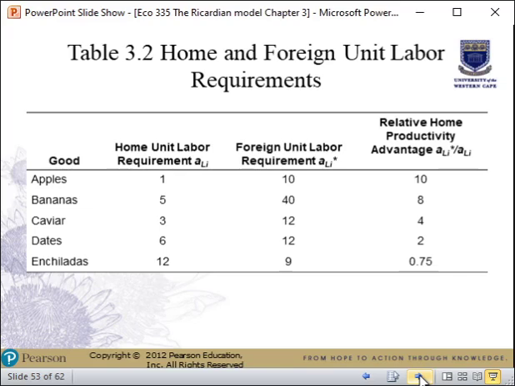Note that if the ratio of the wages is equal to the ratio of unit labor requirement, then a borderline case occurs which can be produced by both nations.